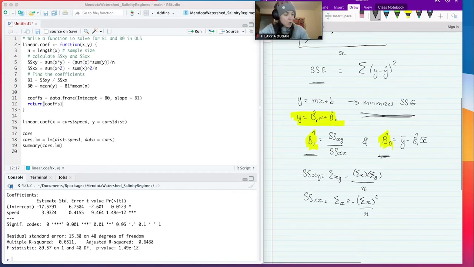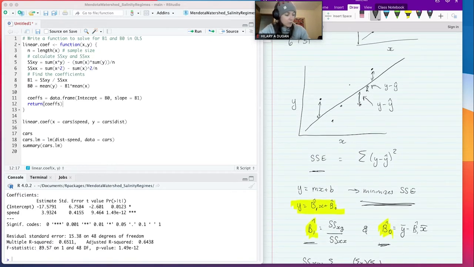So if we go back to our data, we remember that in ordinary least squares regression, we're trying to minimize this equation. We're trying to minimize the sum of the squared errors. So what we can do is basically just keep subbing in parameters into our model.